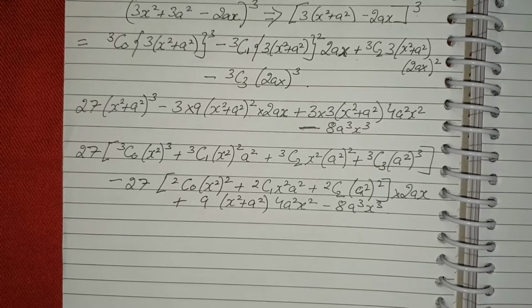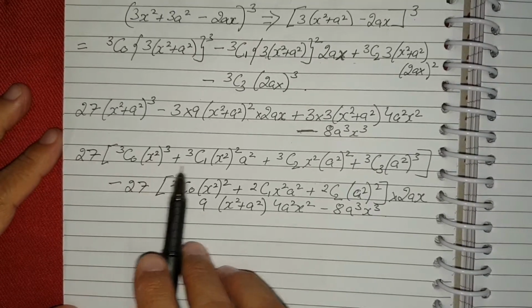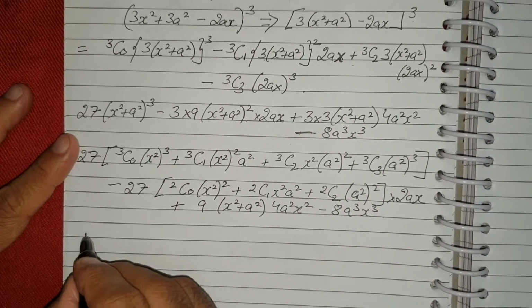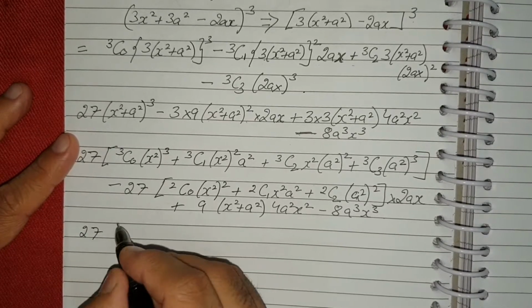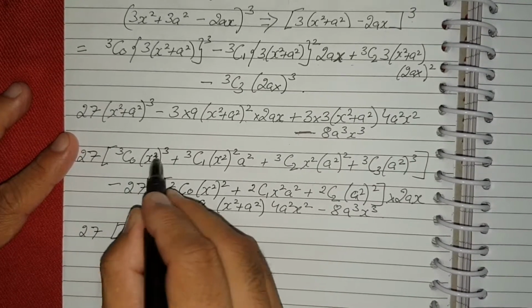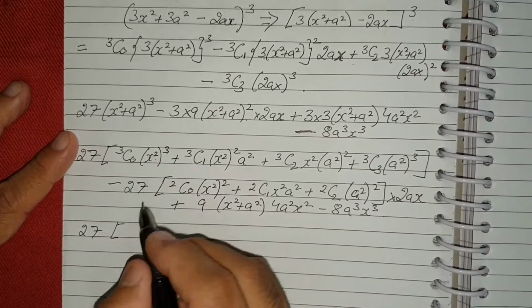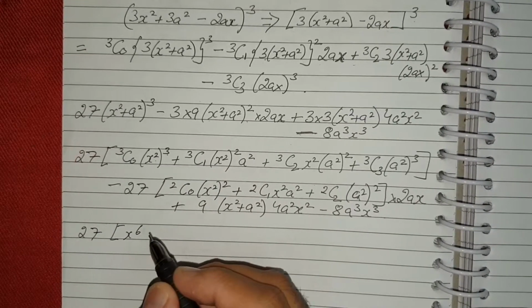Now, in the next step, we write the values of this. So, this will be 27. Now, I am writing the values. You know that 3c0 is 1 and this is x square cube, x to the power 6.